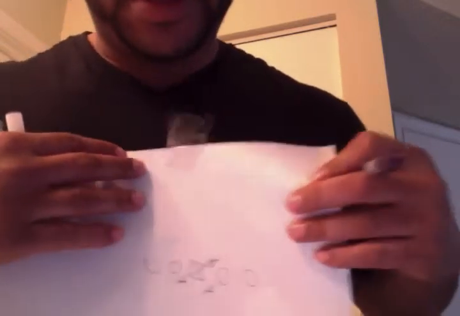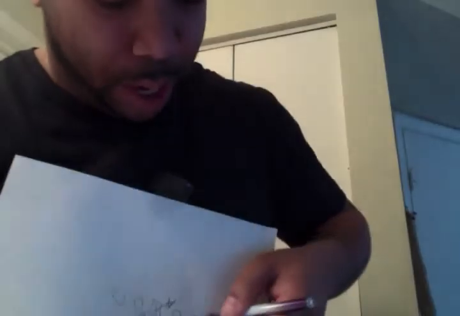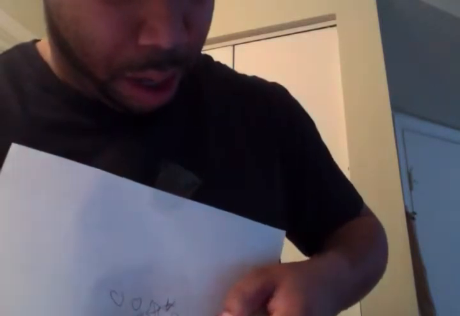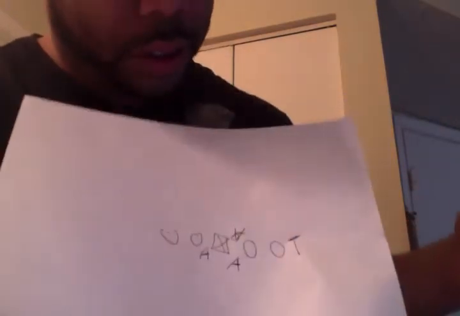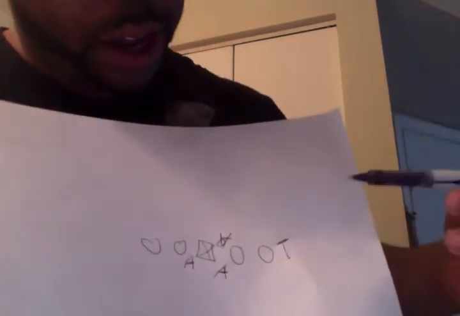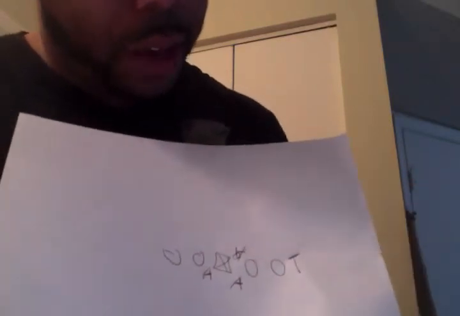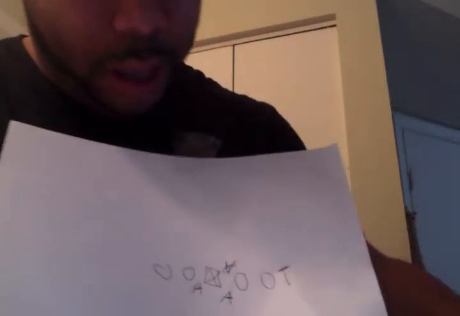The A gaps on both sides can be strong or weak, depending on the alignment of the tight end, who usually plays at the end here. So in this case, if the defense is over here, defensively left, this would be the strong A gap, and this would be the weak A gap.